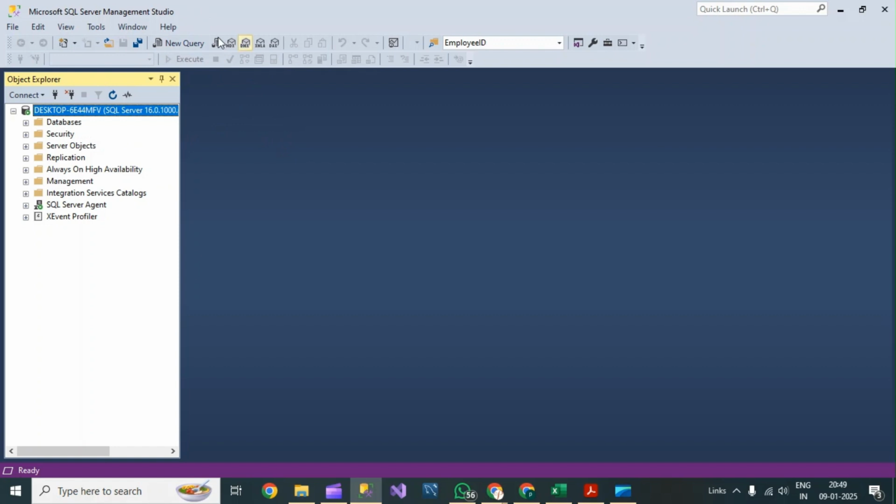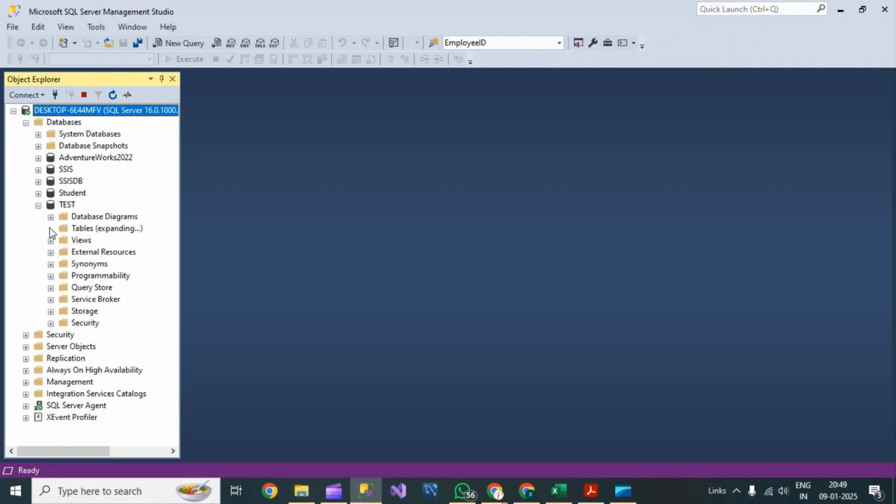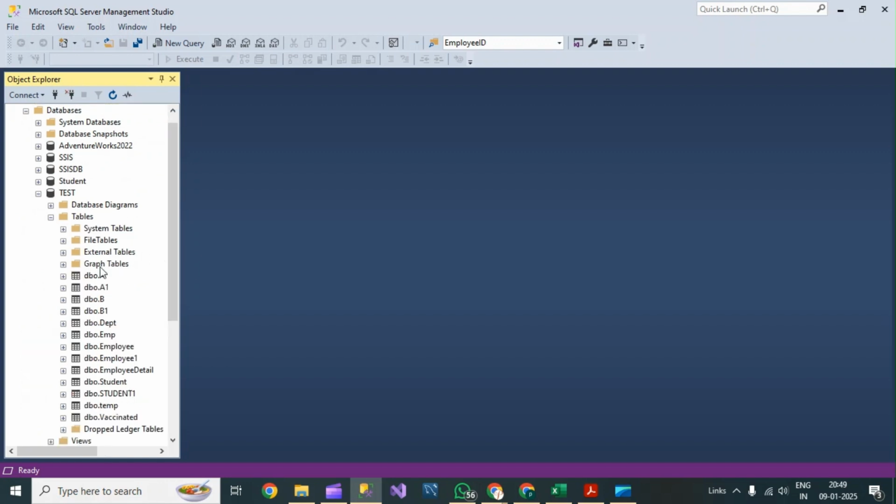I will open my SSMS, and in my database there is a test database, and in that there are two tables, A table and B table. So I will show you these two tables.